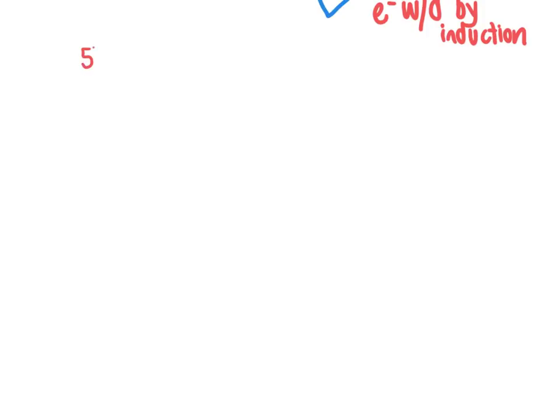Factor number 5 is going to be that increasing the percent S character of the atom that has the formal charge, the negative formal charge, is going to cause that conjugate base to be more stable. So we're going to go ahead here with step 5, increased percent S character is going to stabilize this conjugate base.